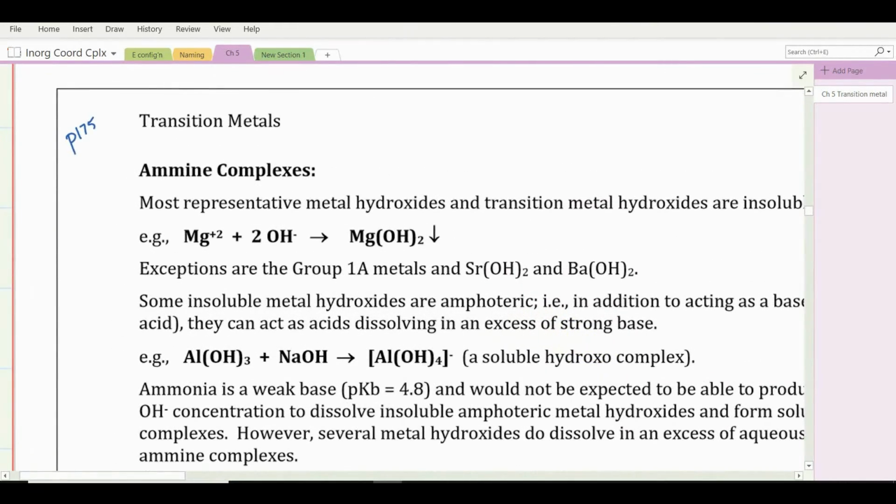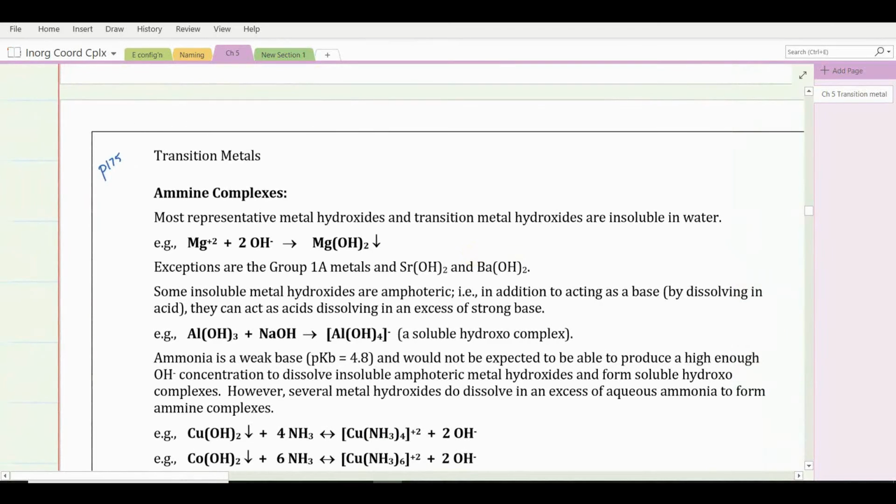Take a look at page 175. Amine complexes. This is the last piece of this lecture on transition metals. Most of the representative metal hydroxides, by that we mean the A group metal hydroxides, and also transition metal hydroxides, are insoluble in water.